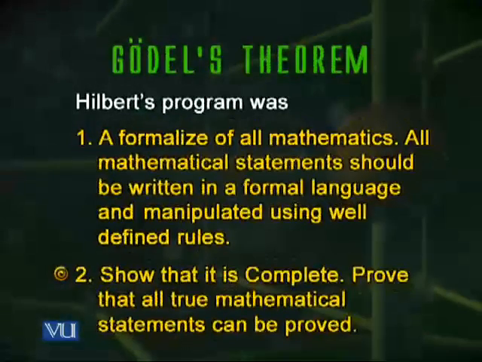The other thing that Hilbert required was to show that mathematics is complete, which means to prove that all true mathematical statements can be proved. So Hilbert had offered a very big challenge to show that mathematics is complete in the sense that anything which is true in mathematics, whatever can be expressed in mathematics, if it happened to be true, we can find a proof for it.